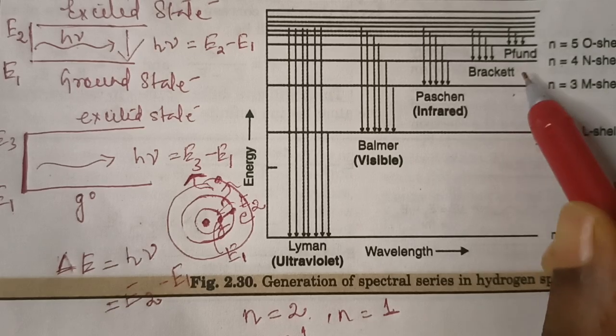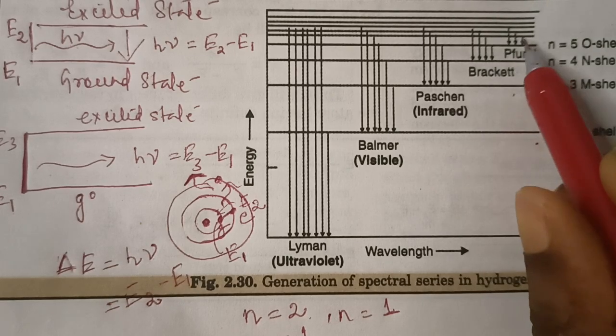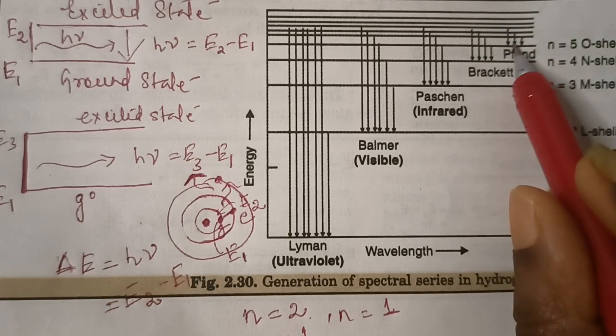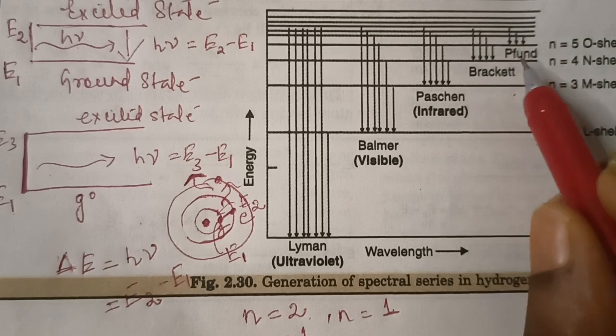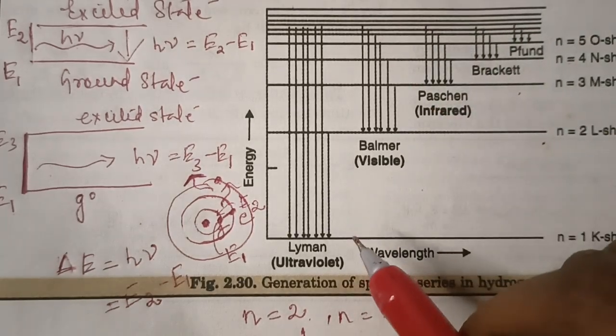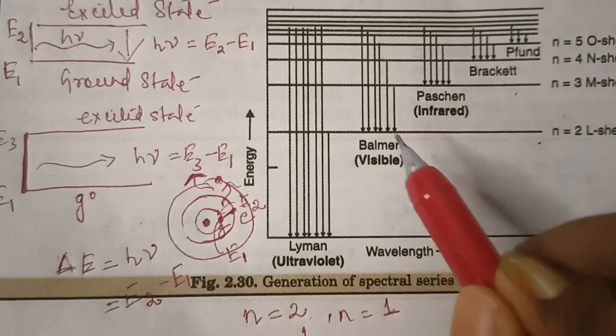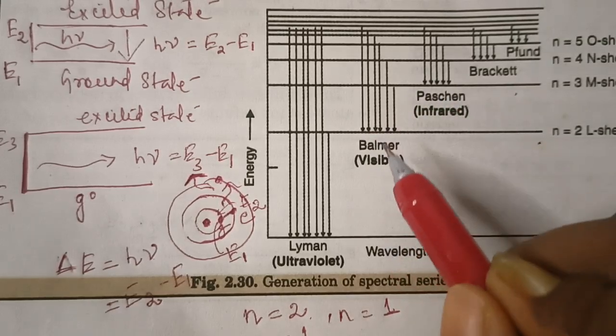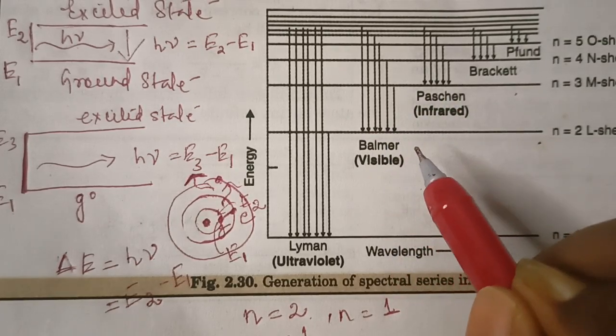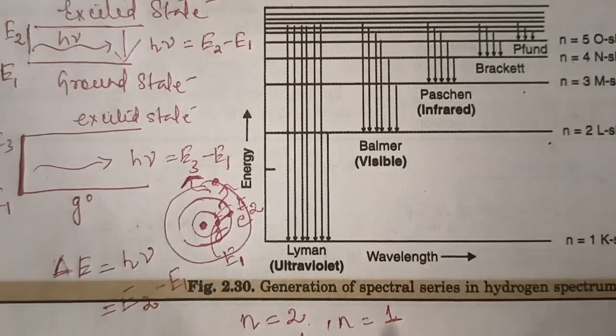Similarly to n, then o, and so on, and the electrons then come back to the lower energy level. This phenomenon we will now understand in detail.